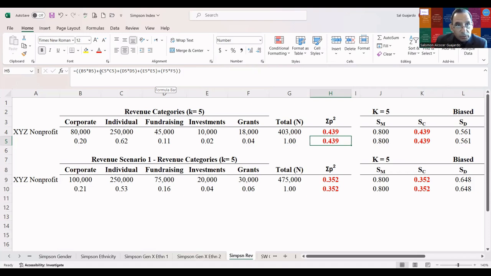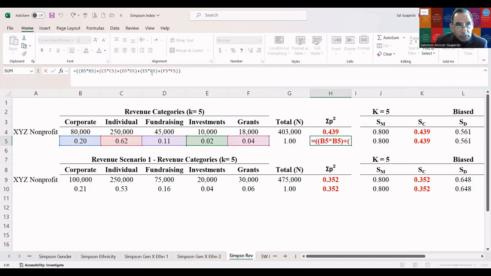And you notice that I calculated the p squares with the percentage squares by avoiding using the power function in Excel. So I just used B5 times B5, which is 0.20 times 0.20, plus C5 times C5, which is 0.62 times 0.62.